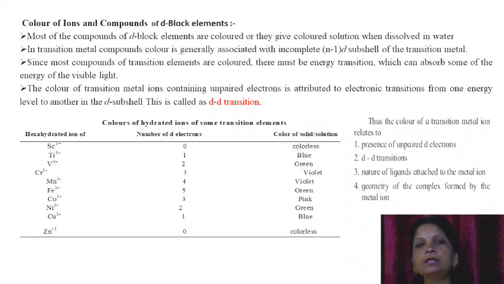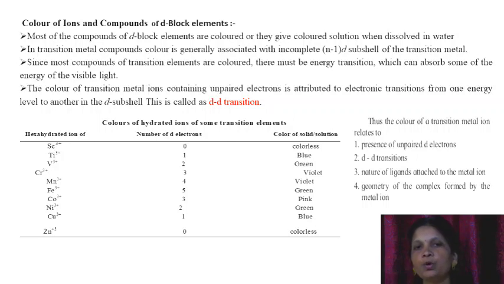Now let us discuss the color of ions and compounds of d block elements. Most of the compounds of d block elements are colored. They give colored solutions when dissolved in water. In transition metal compounds, color is generally associated with an incomplete (n-1)d shell of the transition metal.